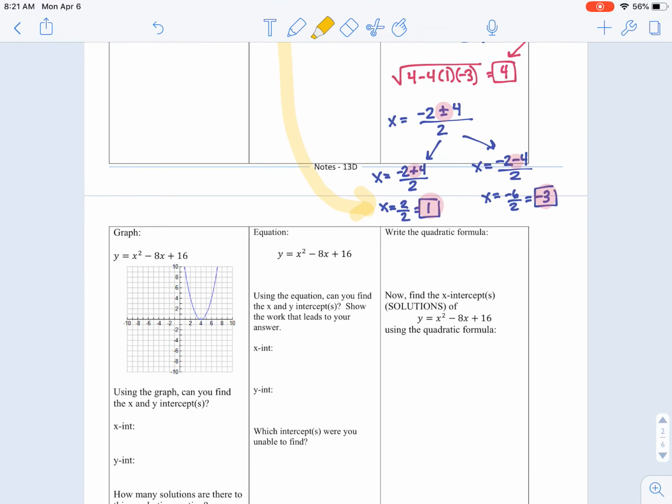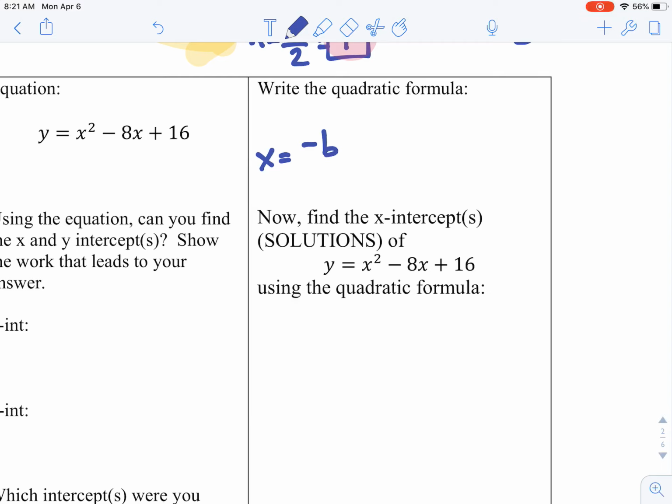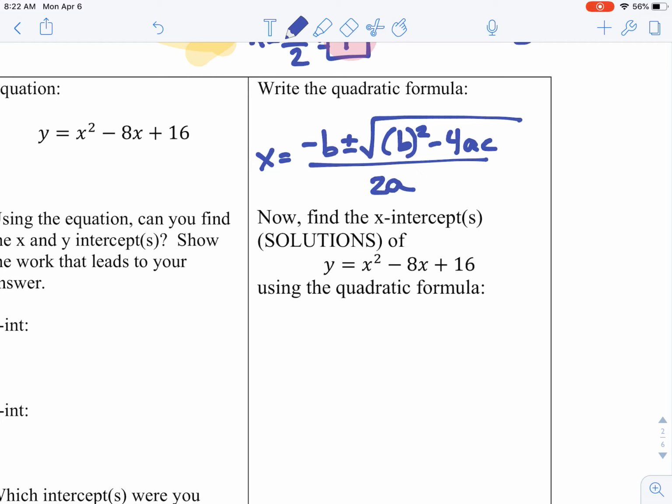All right, let's take a look at number 2. I'm going to go right to the quadratic formula. So let's rewrite the quadratic formula. It helps to write it a bunch just so you can memorize it. Negative b plus or minus the square root of b squared minus 4ac, all over 2a.